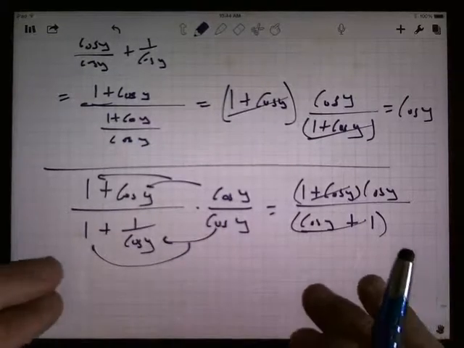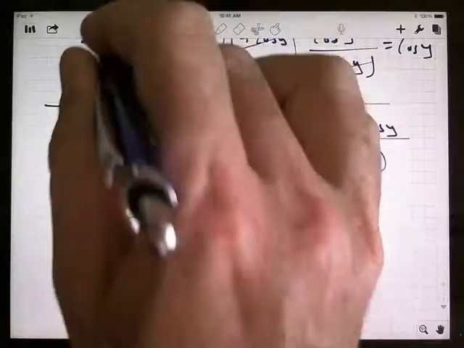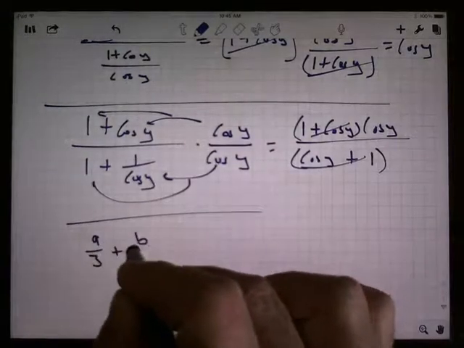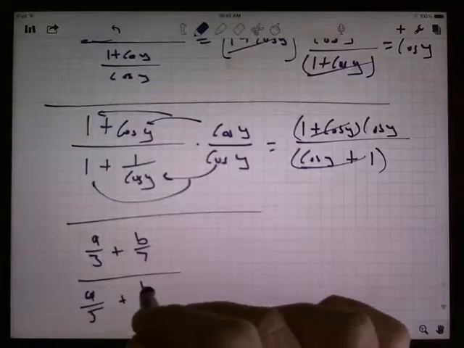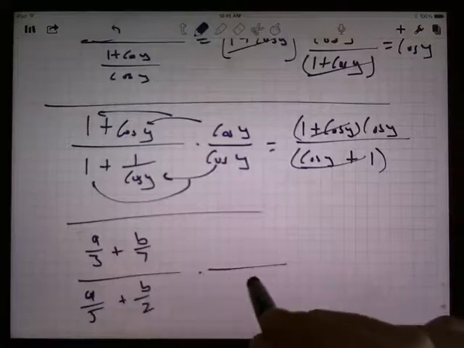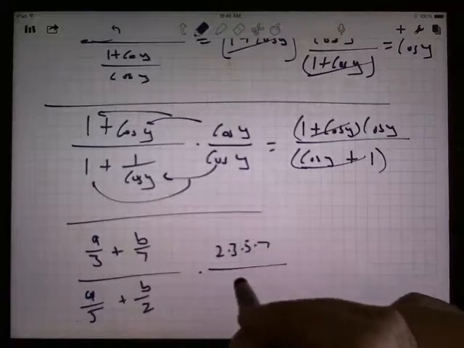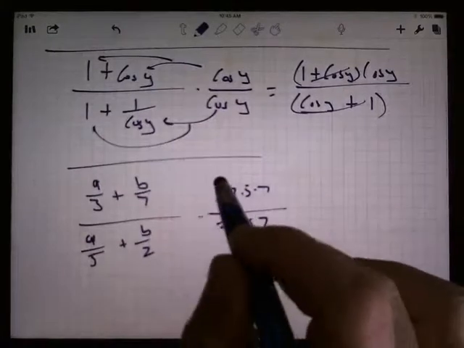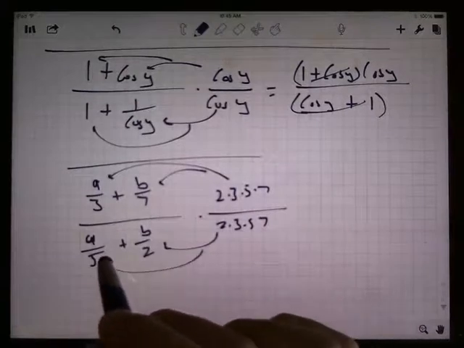If I had more denominators, if I had something like a over 3 plus b over 7 divided by a over 5 plus b over 2, I'd say I want to multiply top and bottom by 2, by 3, by 5, by 7. And what happens is that because there's a distributive property, you've got to multiply it into everything here.